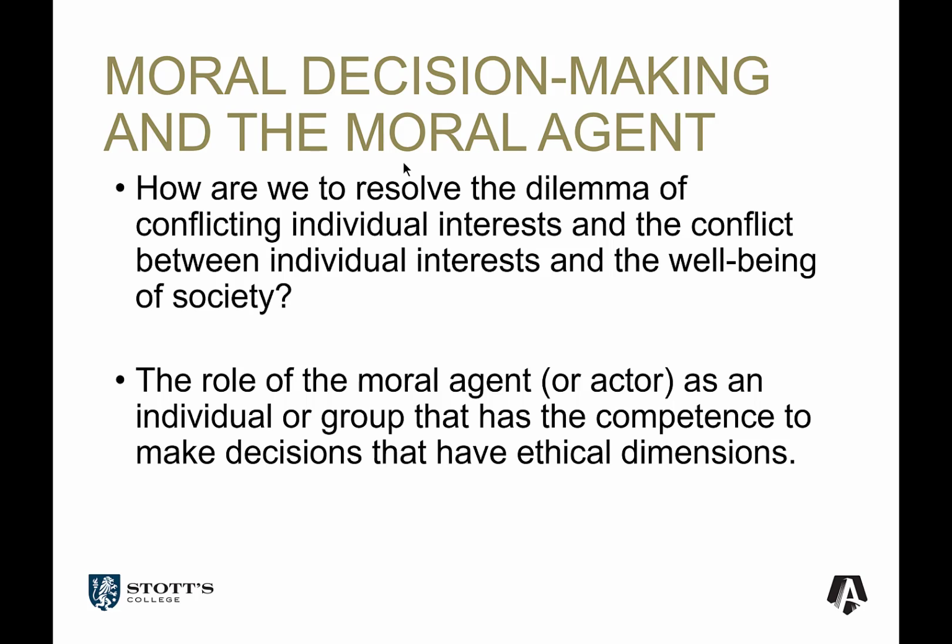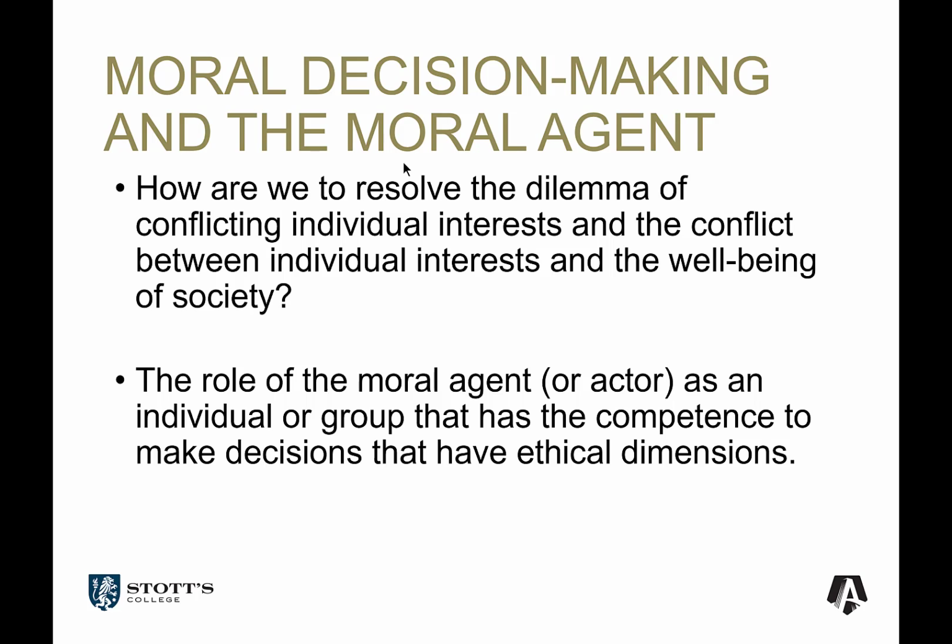The person who is making those decisions is called the moral agent. The moral agent is the actor as an individual or as a group. That's how we get into having organizations making decisions, or organizations and companies being perceived to make decisions, that has the competence to make decisions that have ethical dimensions.